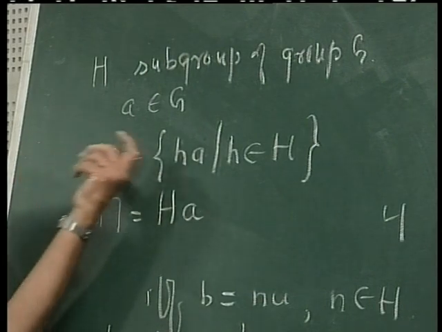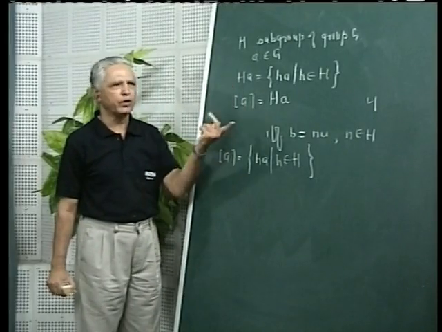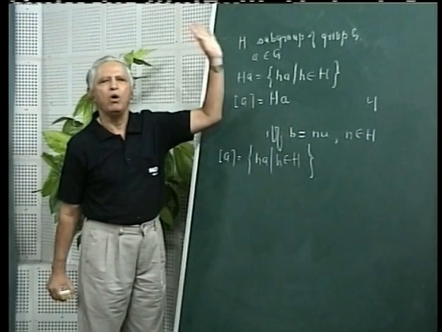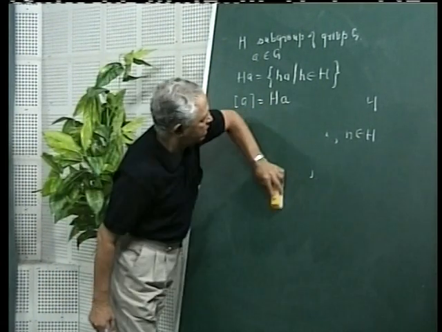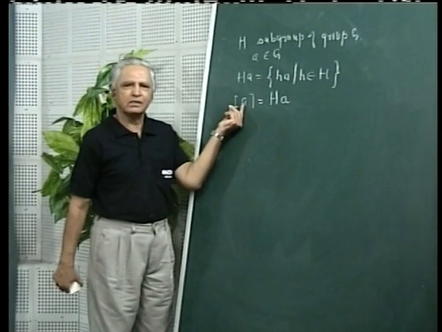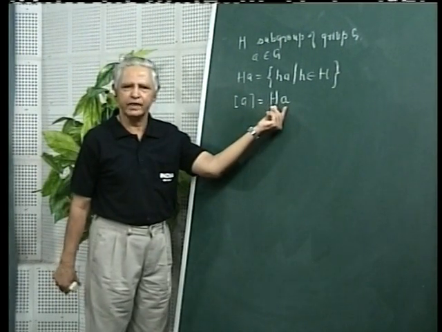We can define left cosets similarly also. Because of symmetry, we will prove only results about right cosets. So the equivalence classes here are right cosets.